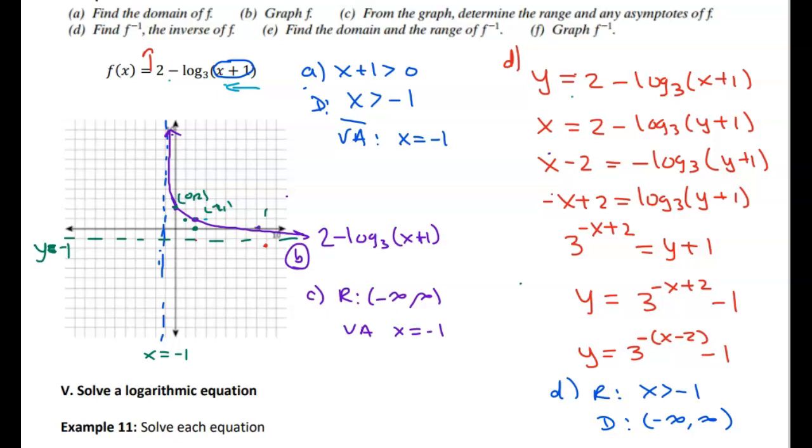Alright, and this point here is (8, 0), so we need (0, 8). Alright, so we try to draw, so here's the horizontal asymptote, and then this goes up to here, and then past that.